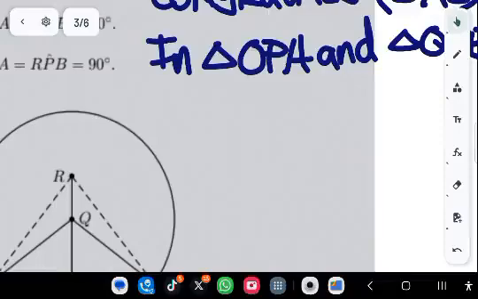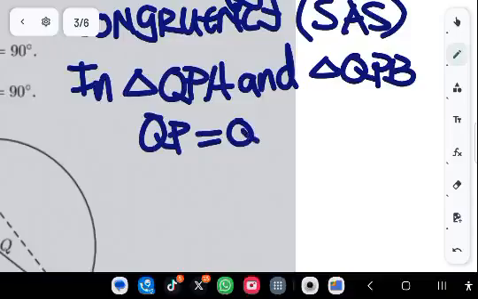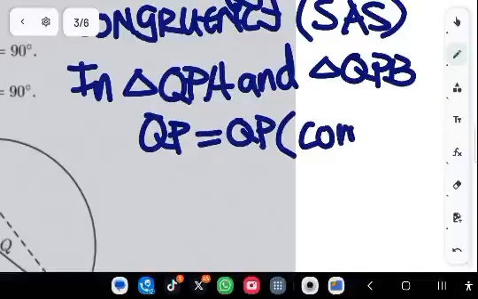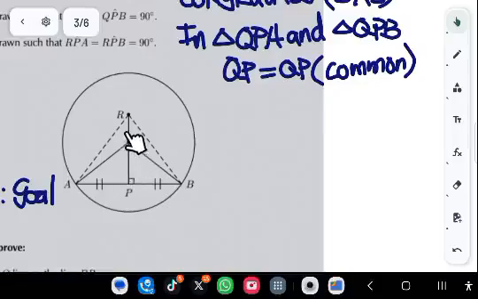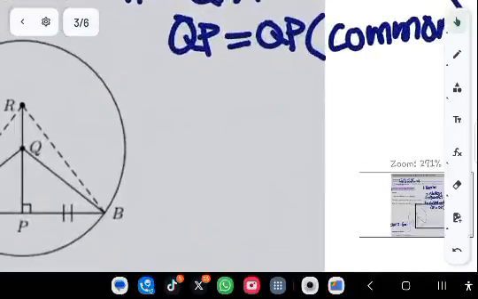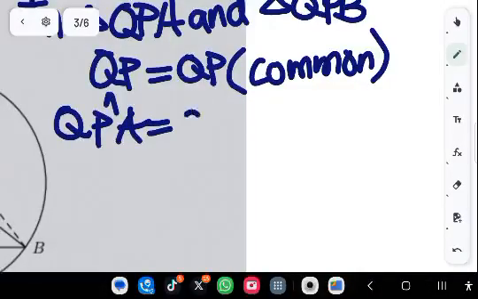QP is equal to QP, and that is a common side. Next, angle QPA equals angle QPB, both equal to 90 degrees, that's given.